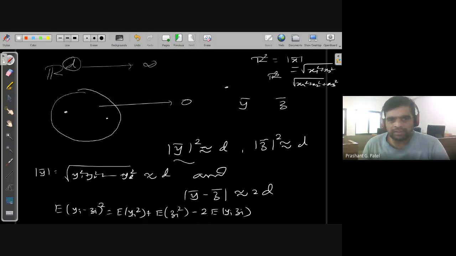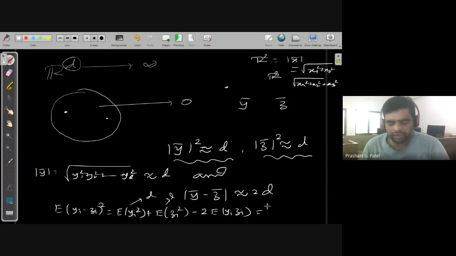So this is d, this is also d. Okay. And if the expected value of yi zi is 0, then this will be 2d. So this will be a fixed value.